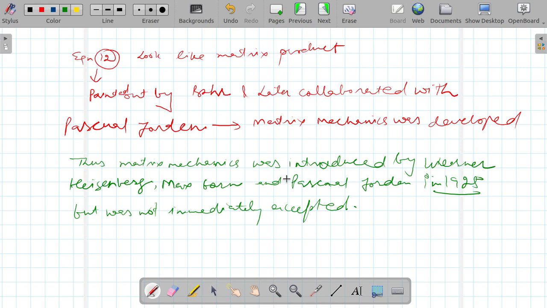Even around 1925, Dirac was also doing a matrix formulation for quantum mechanics, but his notations were a little bit different.